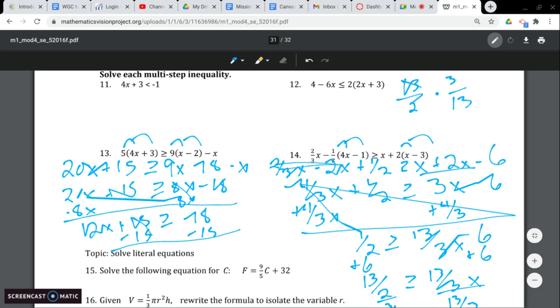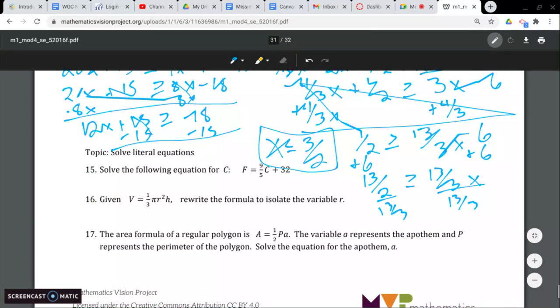Now, because there's a 13 in the diagonal, they can cancel out. So what we're left with is just 3 halves. So our answer here is x is less than or equal to 3 halves. I know lots of crazy stuff with those fractions in there, but it all works down to x is less than or equal to 3 halves.